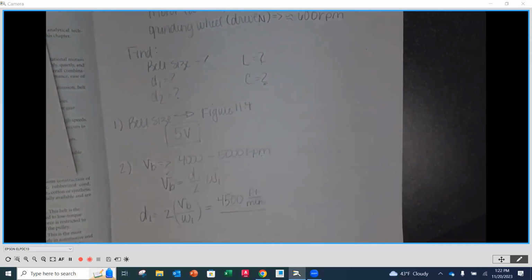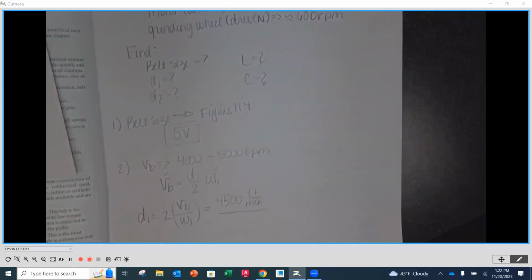Divided by W1. Now remember, this W1, that's angular velocity. It has to be in radians per. Now, notice that we have minutes here. So we're going to leave this in minutes when we go from revolutions per minute to just radians per minute. That way those units will cancel.